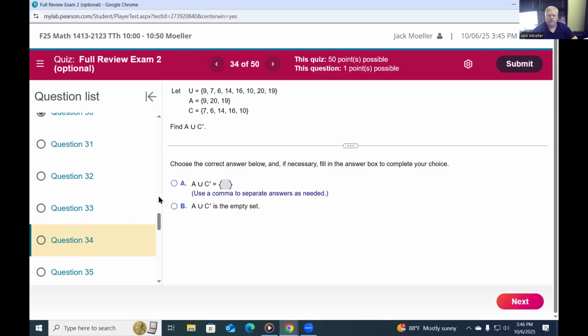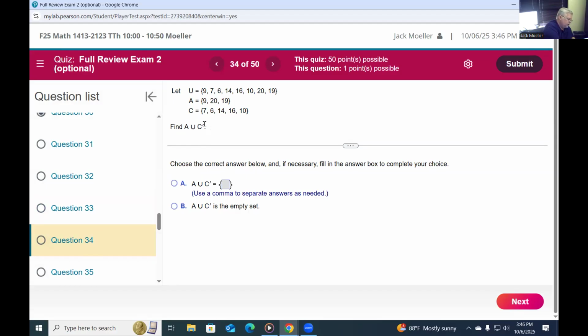Okay, so this one's the same idea, only now we only have one complement. So let me write this one as well. 7, 6, 14, 16, 10, 20.